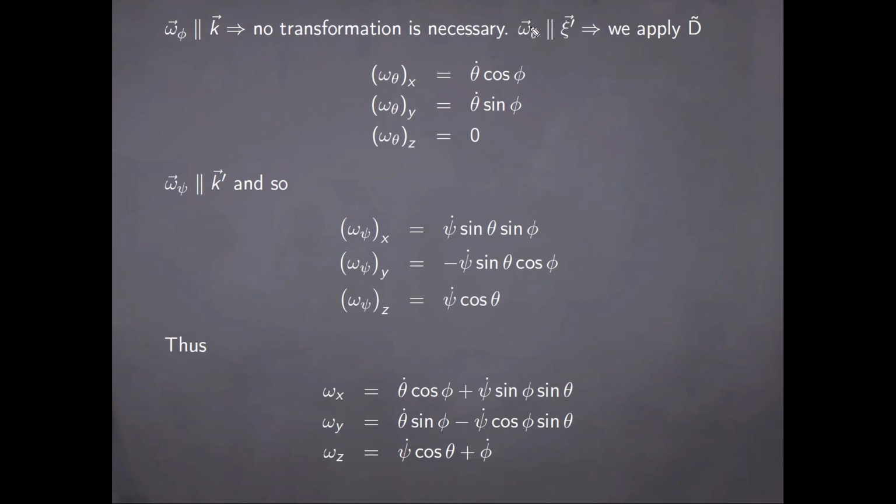Given that the rotation with the angle theta is parallel to the line of nodes, now we need to apply the transpose of the matrix D, and we get the components here. And since the rotation with the angle psi is parallel with z prime, we get the components here. Once again, if we add them all together, the final result is immediately the one presented here.